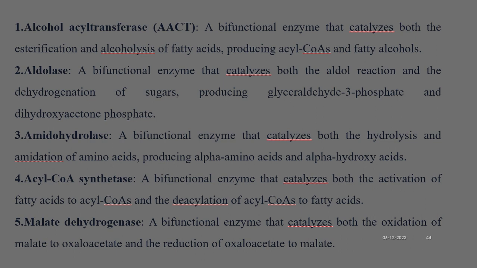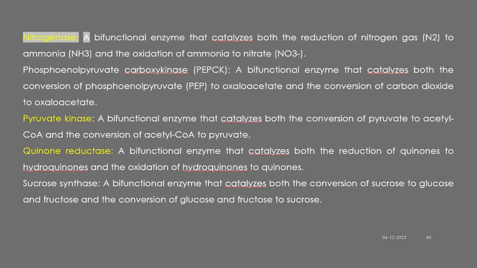Similarly, we will continue with that. Another example you will find in plants is nitrogenase activity, which catalyzes the reduction of nitrogen gas N2 to ammonia NH3, as well as the oxidation of ammonia to nitrate.